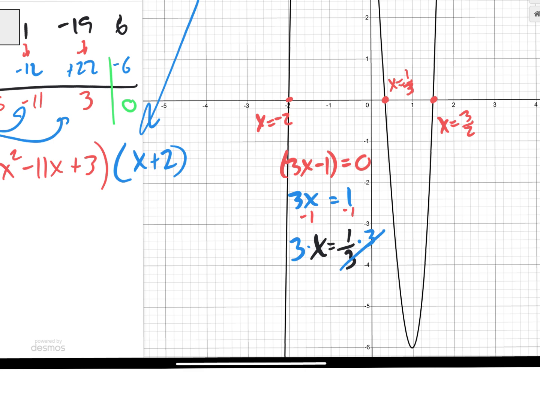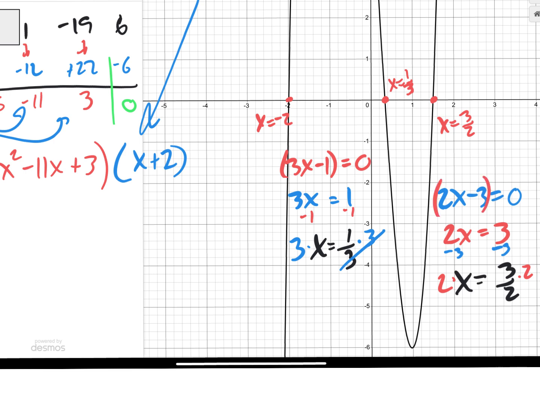And then the other one, same deal, you have x equaling 3/2. So you could multiply both sides by 2, and you'll have 2x equaling 3. And then you could subtract 3 on both, and you'll have 2x minus 3 equaling 0, and that is another of the factors.